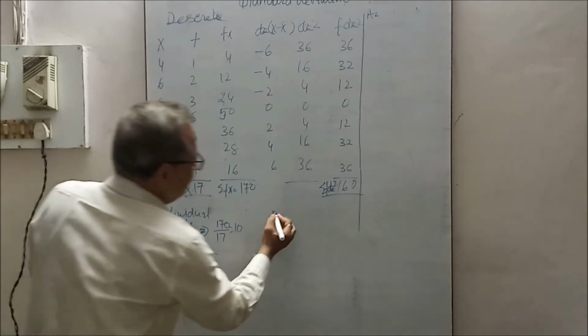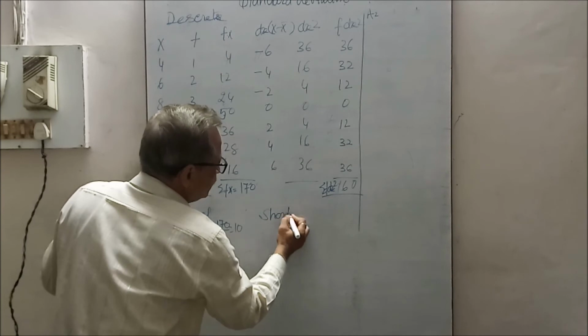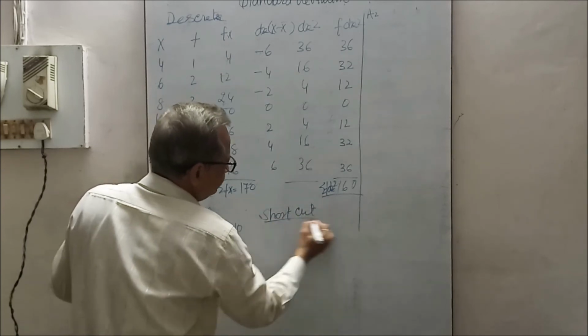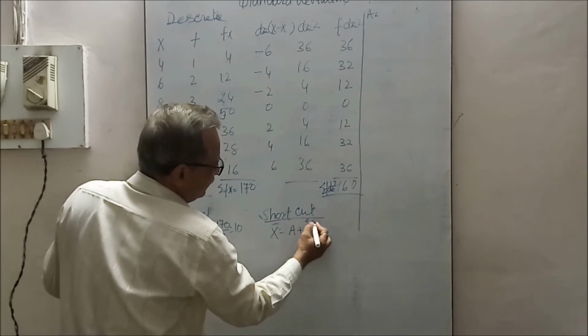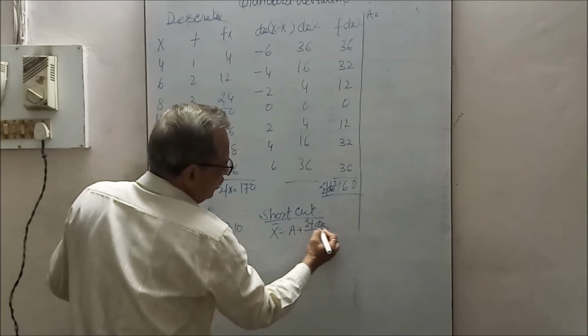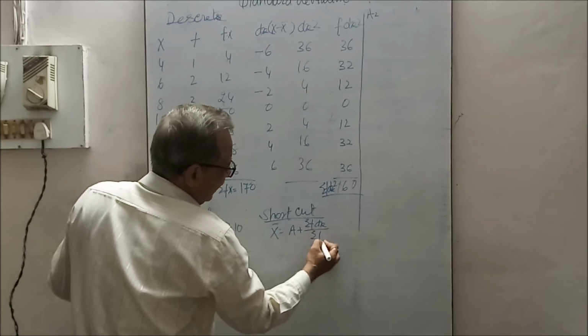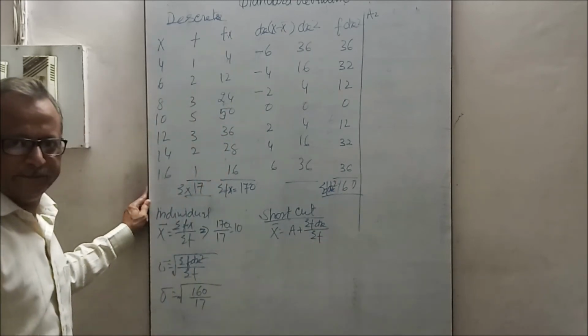In the shortcut method, x bar is equal to A plus summation f dx upon summation f. This is the formula.